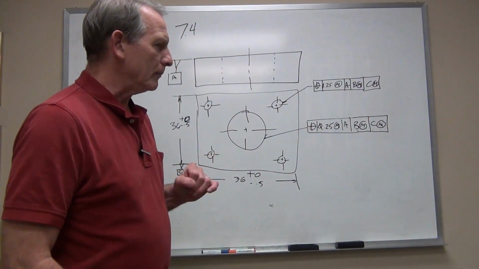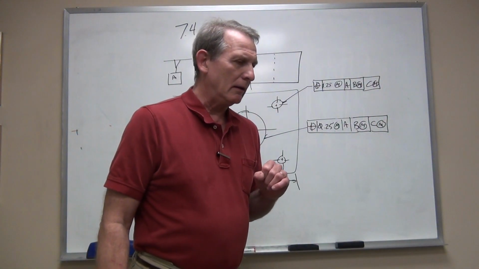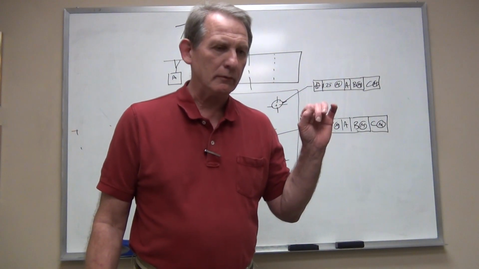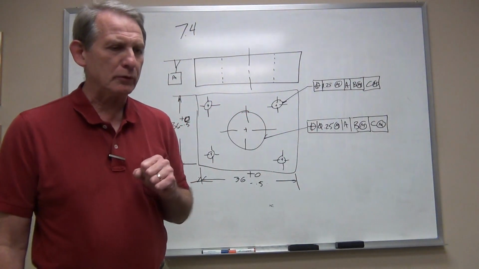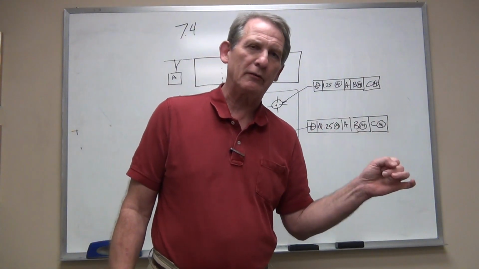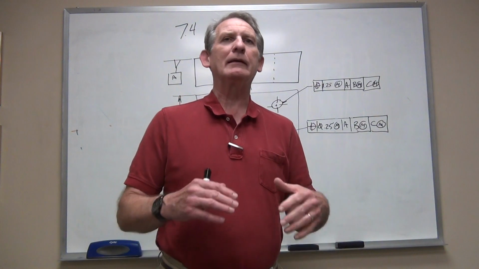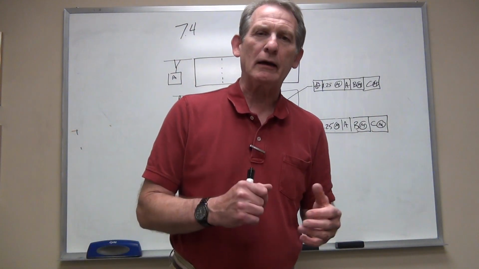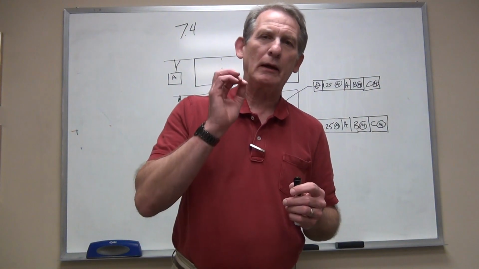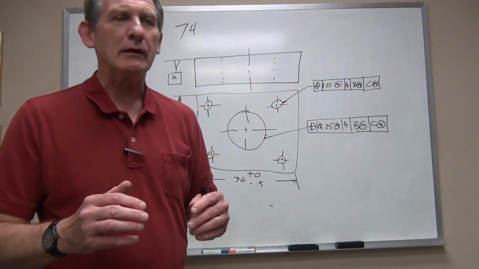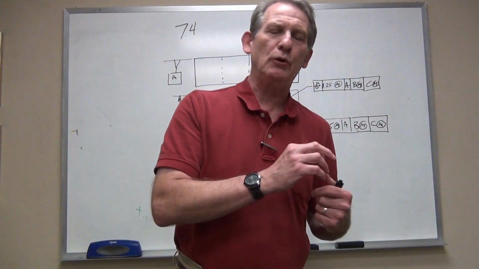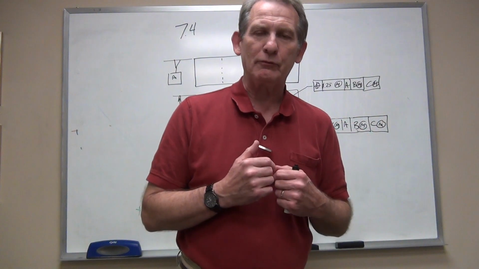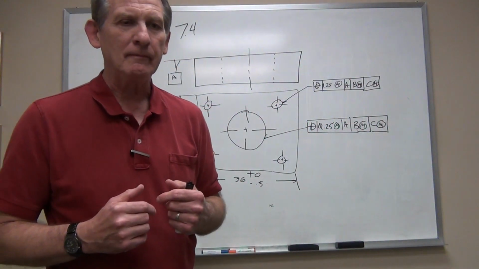All right, but you saw even when we applied the feature control frame to the surface elements versus the derived median elements, it really takes a careful look at where the feature control frame was stuck, where it was applied, whether it was applied to the surface or if it was associated with or attached to what we call a feature of size, which is really the dimension that defines the size.